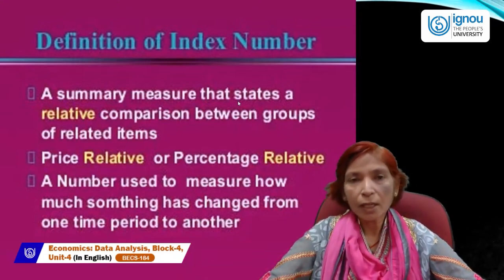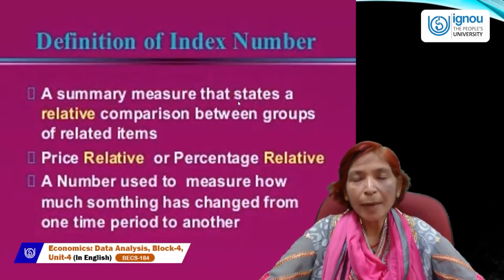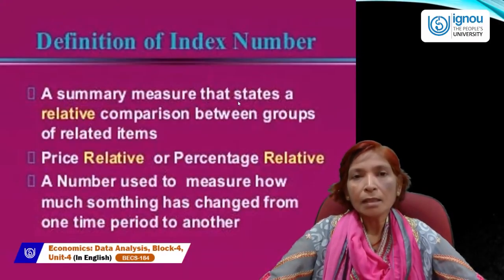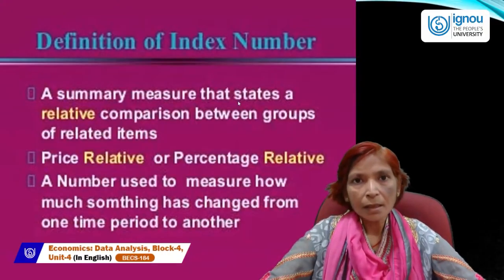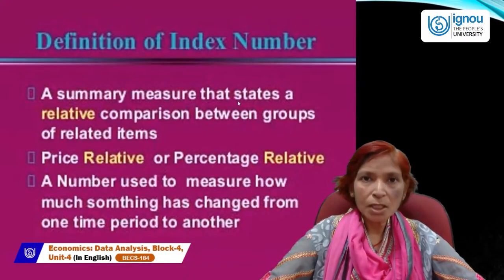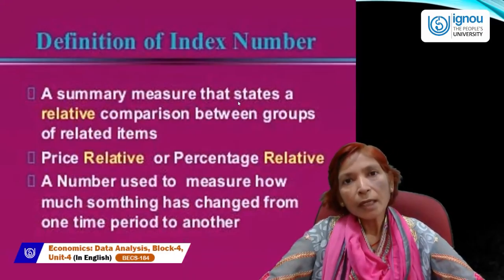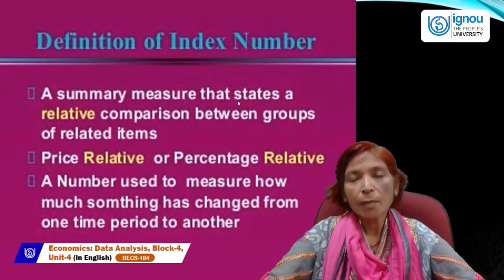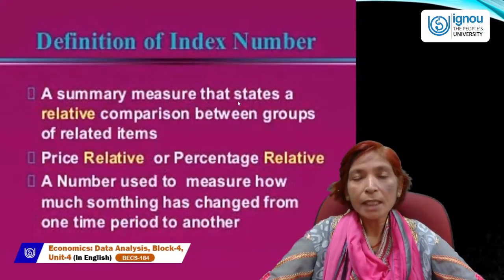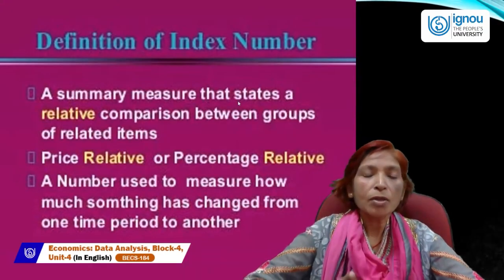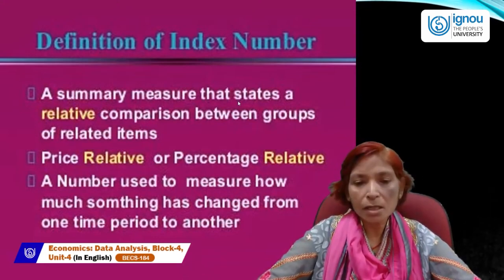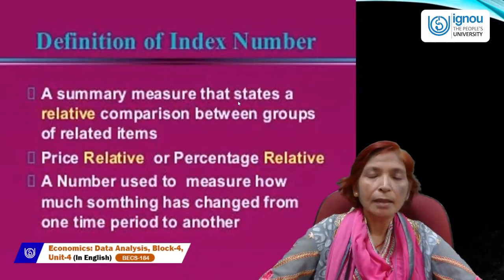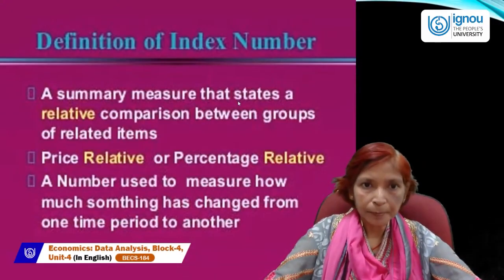The future we can only predict or expect, but we can't tell accurately about it, because the future is uncertain and unpredictable. So a number which is used to measure how much something has changed from one time period to another is called an index number.